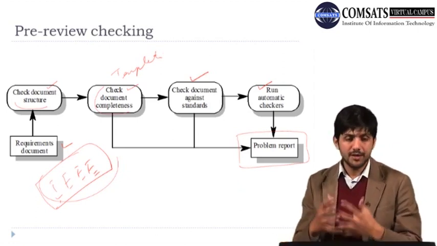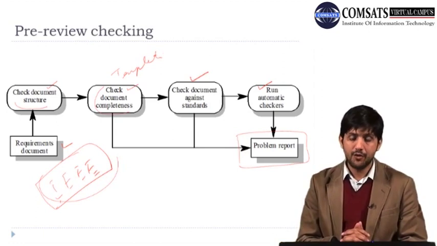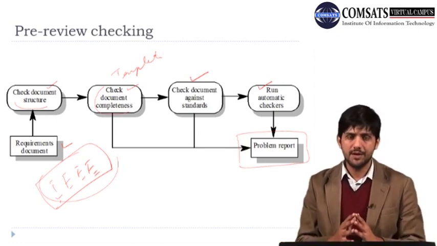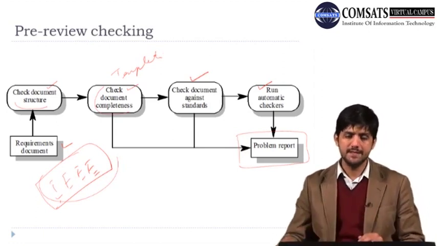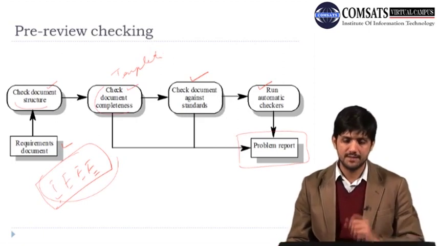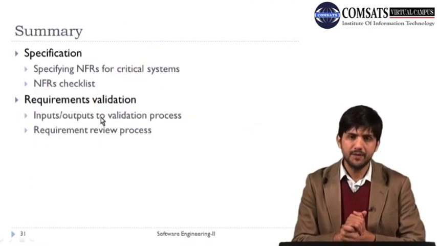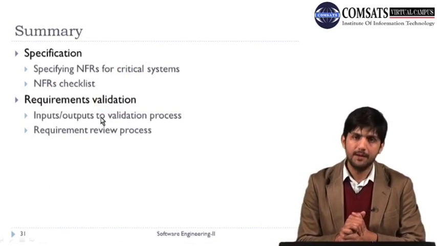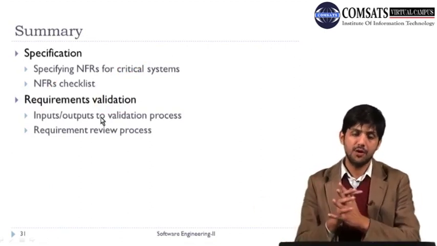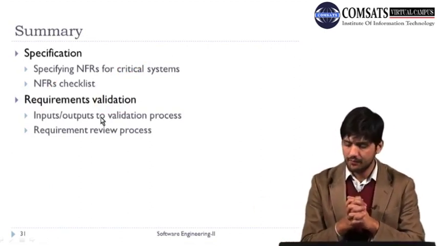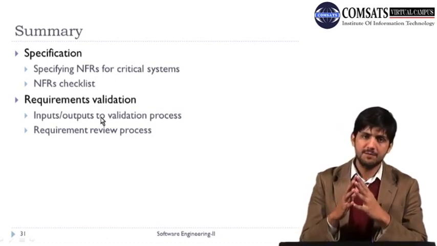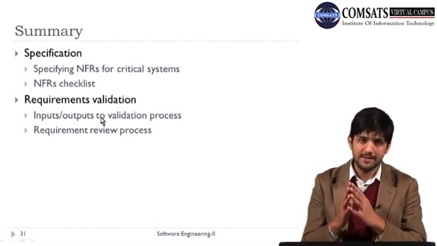So I think that is it for today's lecture. We are going to continue with our discussion on requirement validation in our next lecture, but let's quickly summarize what we have discussed today. In our lecture today, we continued with our discussion on specifying non-functional requirements, and we looked at specifying these requirements for critical systems.